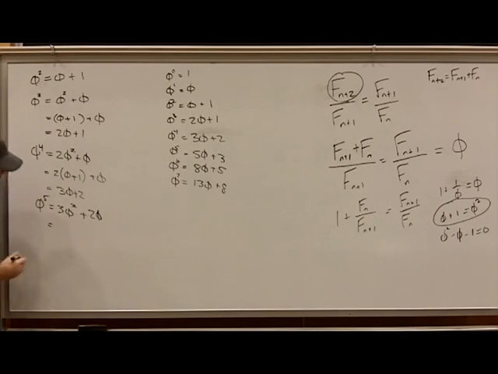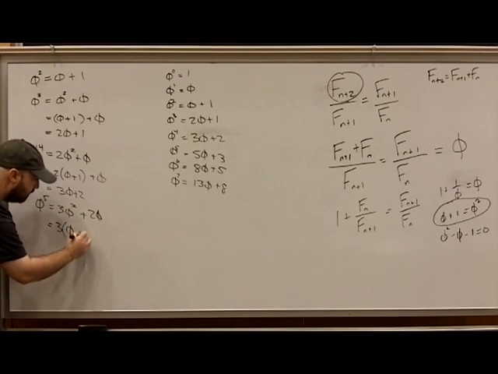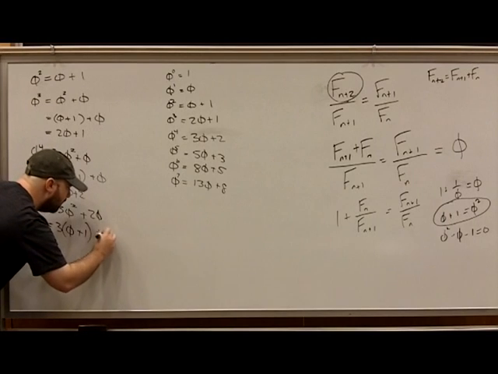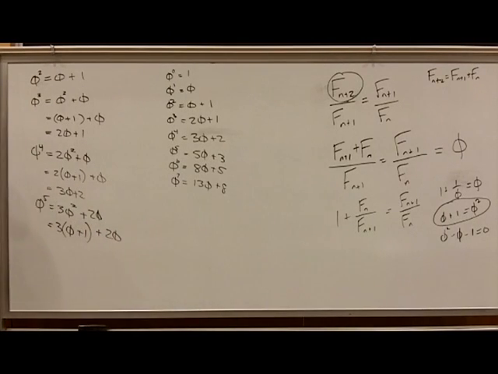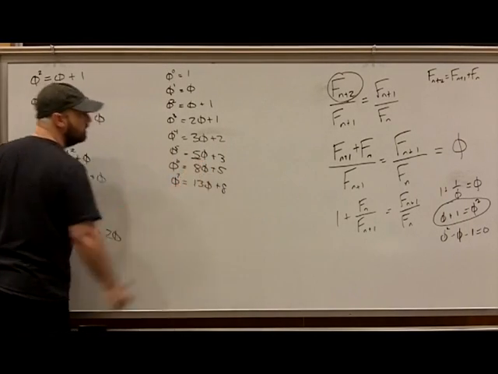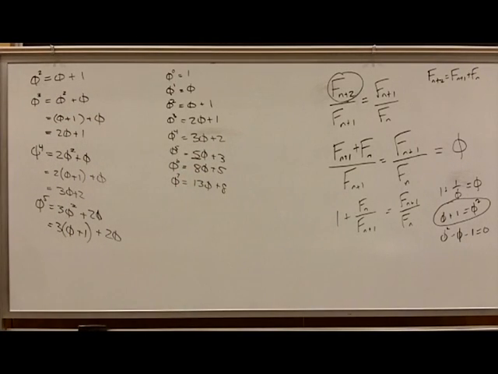And it is true, right here, when we replace phi squared by phi plus 1, what we have are the two previous Fibonacci numbers, 3 and 2. And then we turn 3 into, well, 3 phis and 3 ones. And we add in 2 phis. What we have is 3 plus 2 phi. So we are adding 2 consecutive Fibonacci numbers to make the next one.